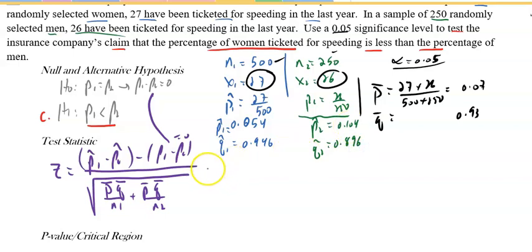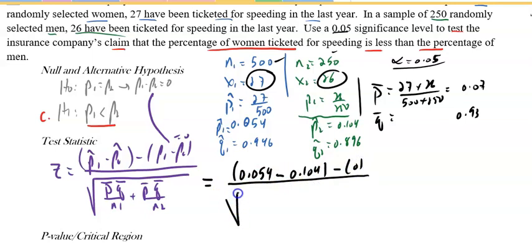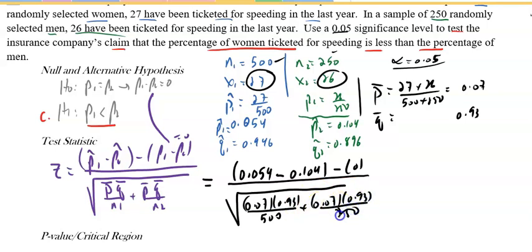Now, if I plug all of those in my calculator, the Z will equal 0.054 minus 0.104 minus 0, you could ignore that, over the square root of P, which is 0.07 times 0.93 divided by N1, which is 500, plus 0.07 times 0.93 divided by 250.